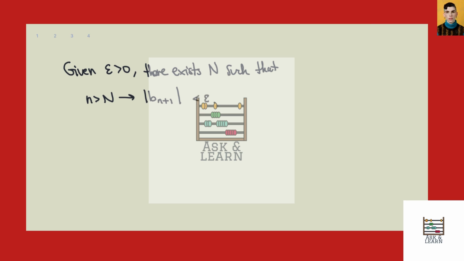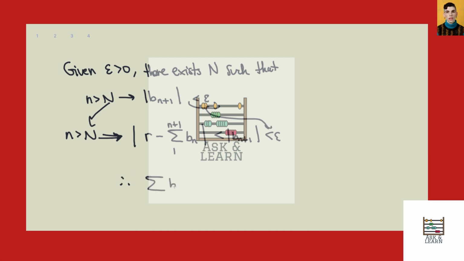So eventually we can make it less than any epsilon. But also taking n larger than the same N here by our previous work shows this: that the error between the actual sum R and the partial sum is less than b_{n+1}, but that's already less than epsilon. So therefore, we just proved that the sum converges to R, and that resolves the problem.